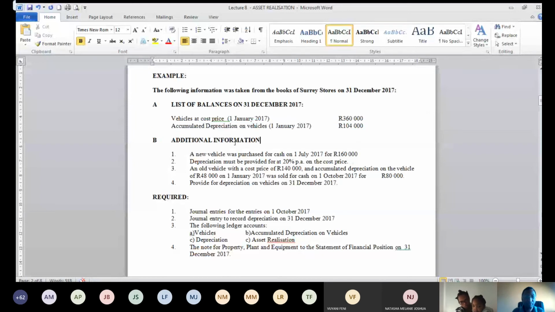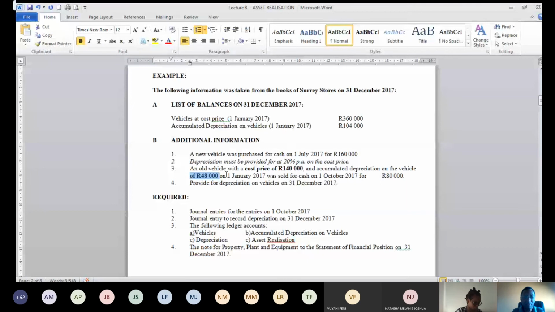Additional information. A new vehicle was purchased for cash on the 1st of July 2017. Depreciation must be provided for at 20% per annum on the cost price. And an old vehicle with a cost price of 140,000 Rand and accumulated depreciation of 48,000 Rand.